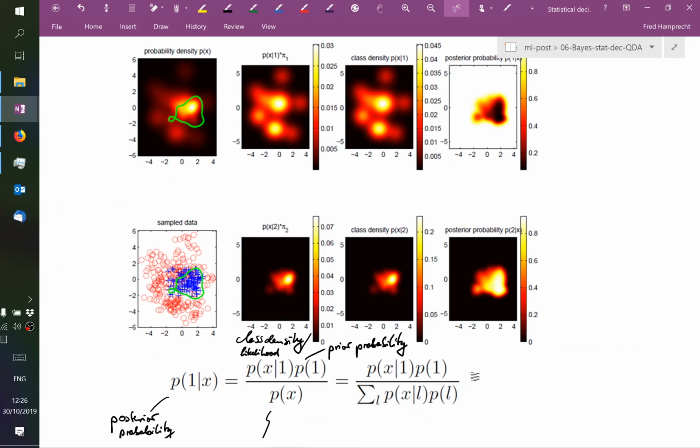And then secondly, we try and estimate these class densities. So I can do, for example, a kernel density estimate on the red points to get something similar to that, and a kernel density estimate on the blue points to get something similar to that. But it's not going to be perfect, of course, because you've seen how kernel density estimates from finite sample sizes exhibit variance, how they will not be perfect.